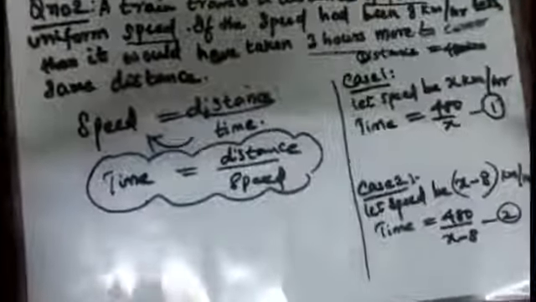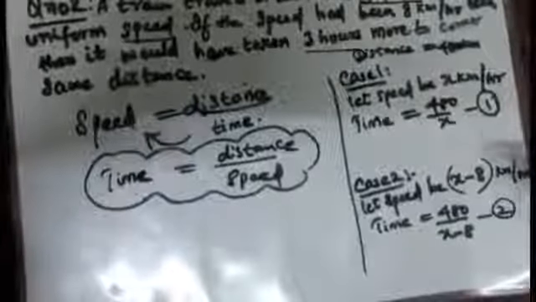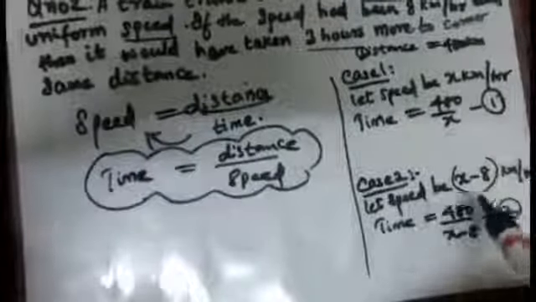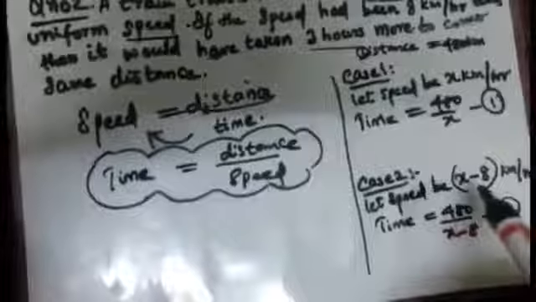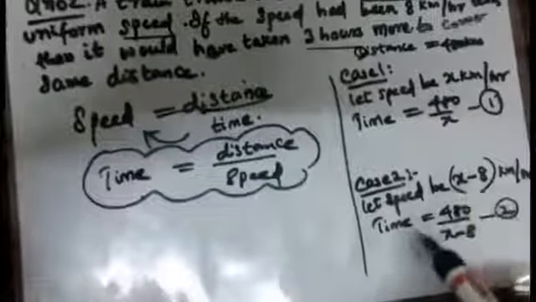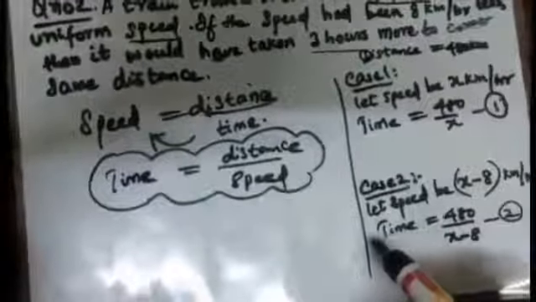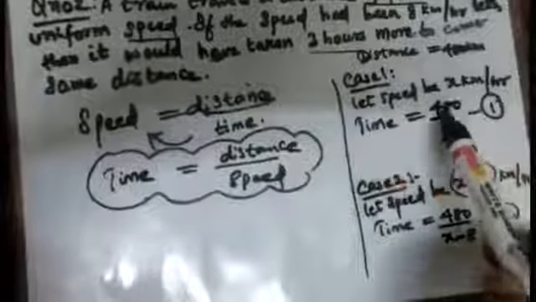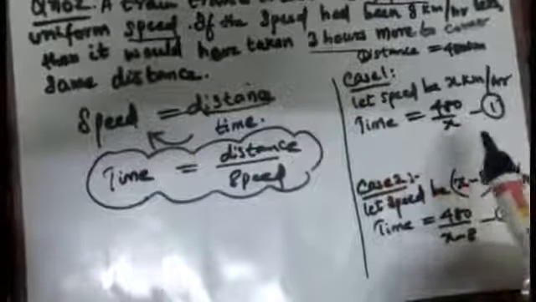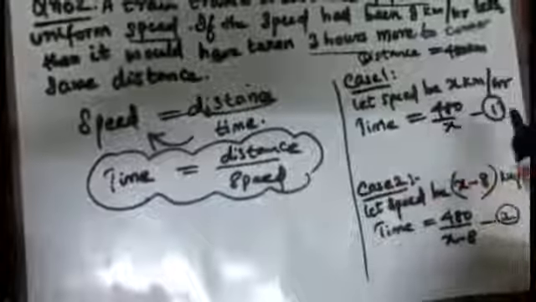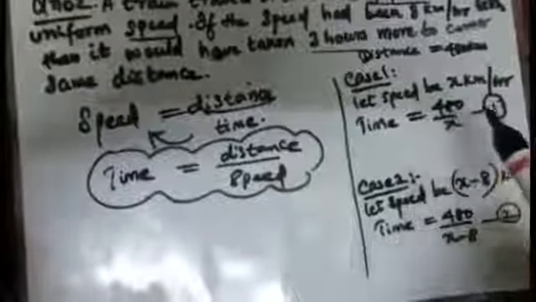Done. So what is the connection between these two? If we decrease the speed, which we are showing using case 2, it will take time like this, and this is really very technical as per the formula, but he has given that 3 hours will be more. So in general the train takes 480 by x hours to cover the distance, but due to the decrease in speed it will take extra hours.